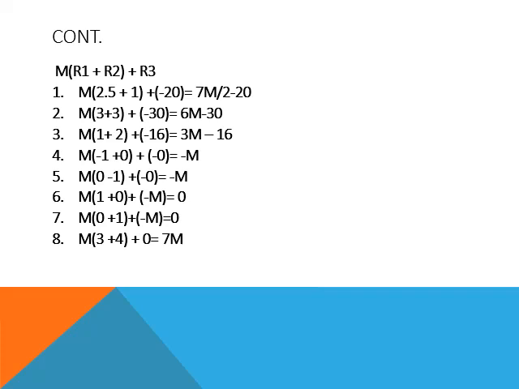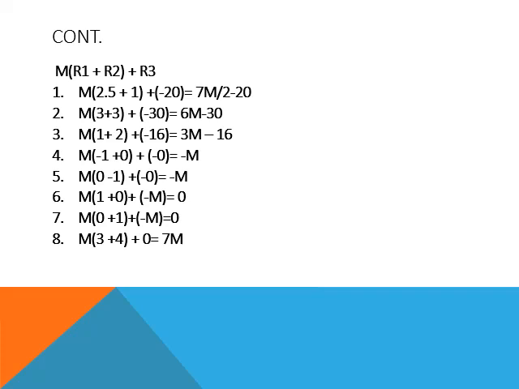So these figures 2.5, 1, negative 20 are coefficients of x1. All of them are the coefficients of x1. The result would be 3.5 M negative 20. 3.5 is 7 over 2. So it is 7M over 2 negative 20.